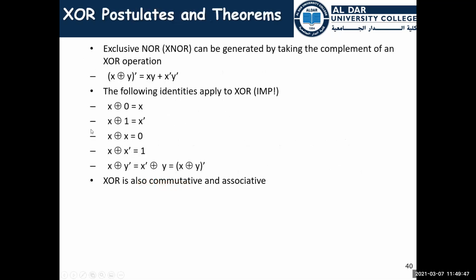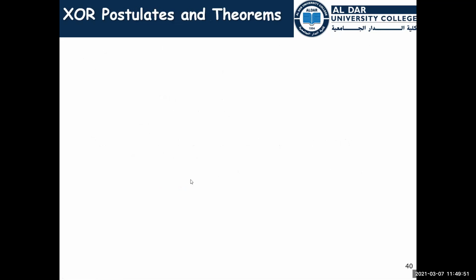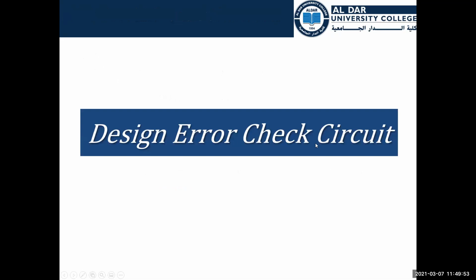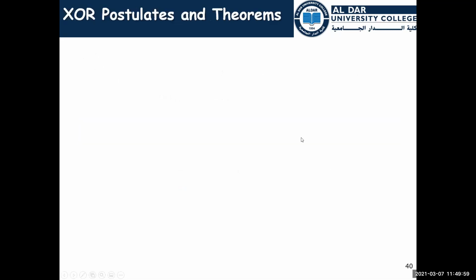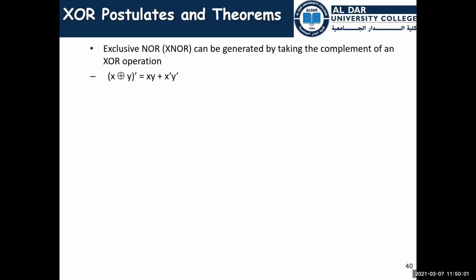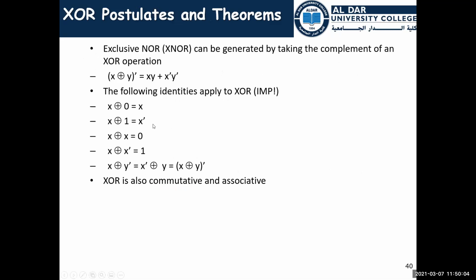The functionality of XOR is important, because XOR will implement the error check circuit, and the error check circuit depends entirely on understanding the XOR and XNOR logic and these identities.